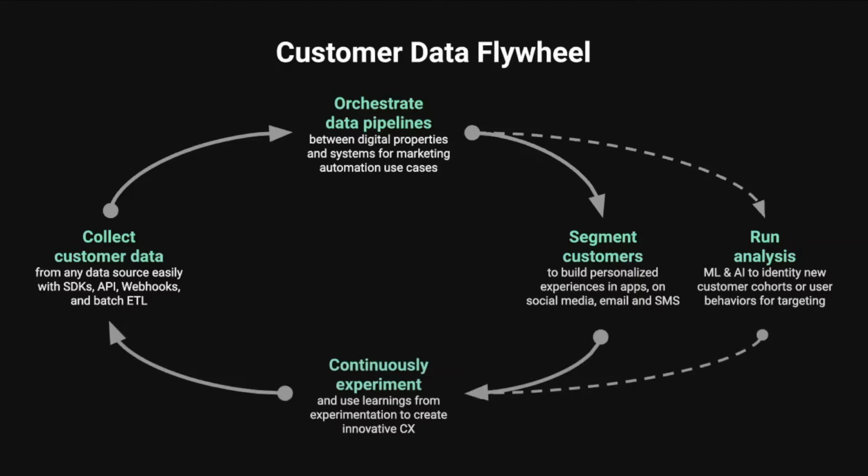So as you go through this flywheel, as you can imagine, this has to be backed up with good quality data. Because at any point, if the data quality is hampered or is not trustworthy, it has a lot of downstream effects.